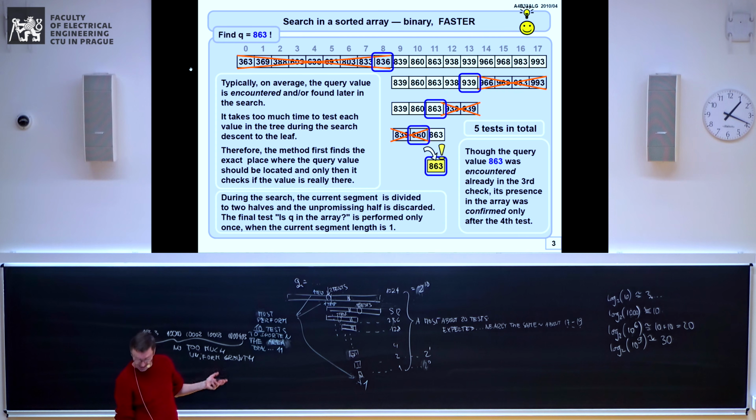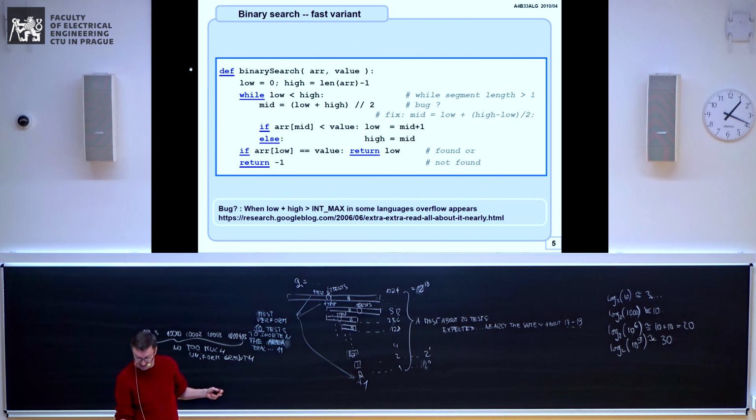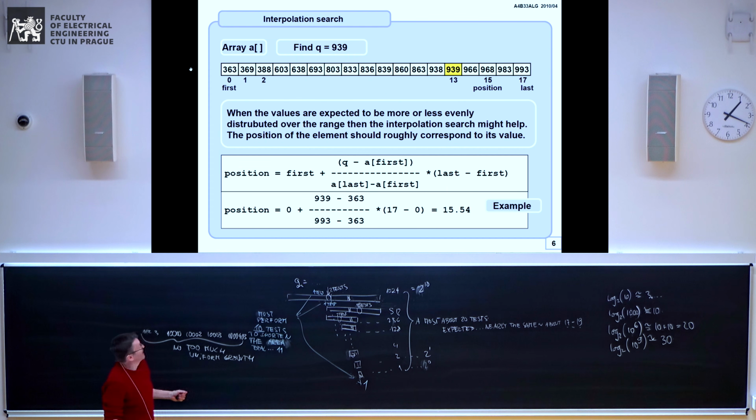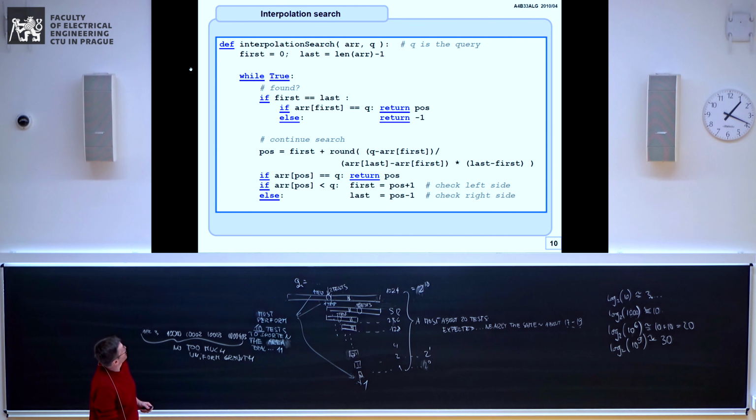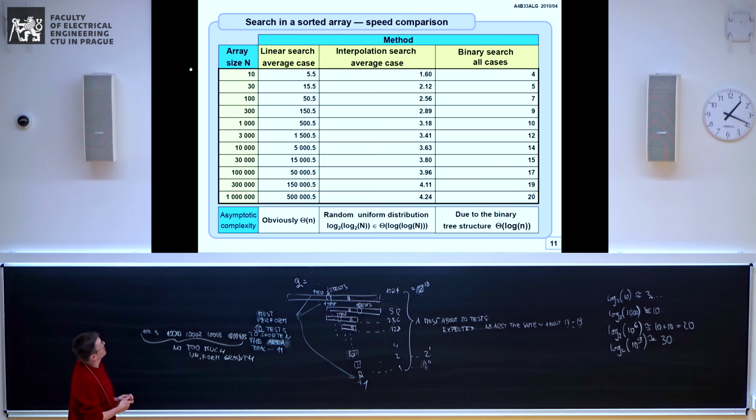So it seems that the trade-off is obviously big, because we can look at the final results, which say the following. Here is the size of your array. Here is the number of checks in the average case when you do naive linear search. That is obviously big.